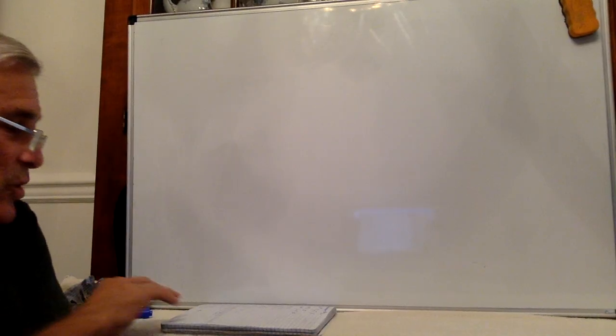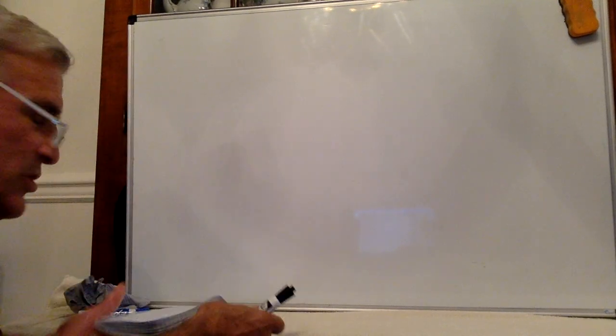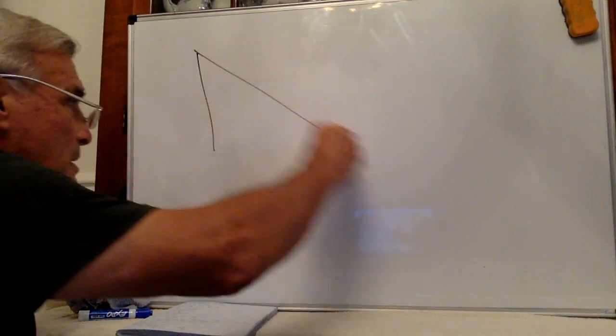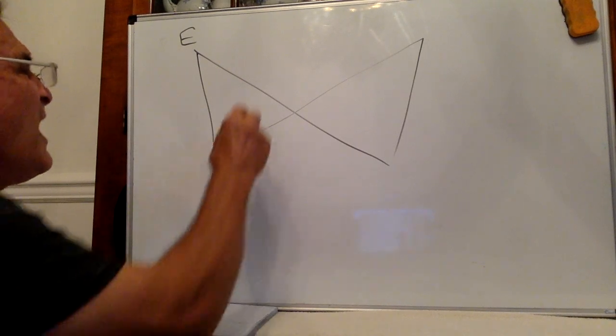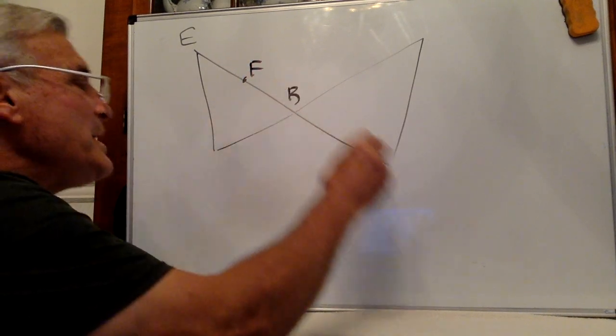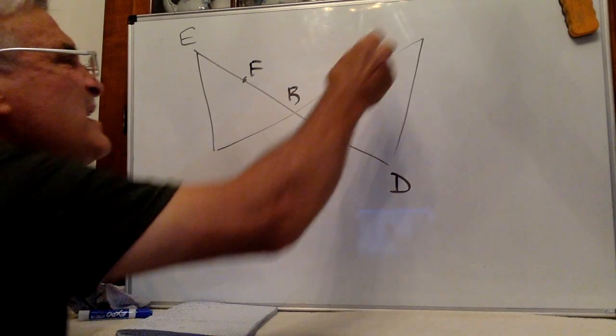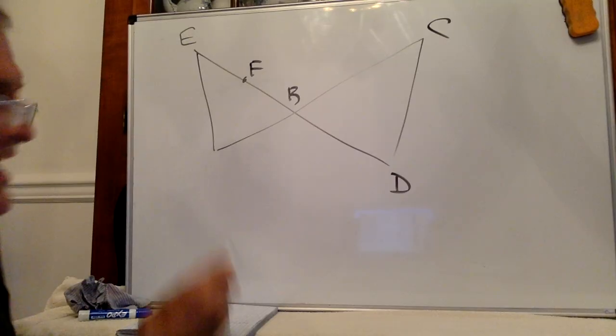On page 20, number 3, they gave you that figure, and they asked in part A, name all the points that are collinear with E and F. The points that are collinear with both E and F are E, F, B, and D. Again, let me just draw a figure so you had E, F, B, D, C, and A.